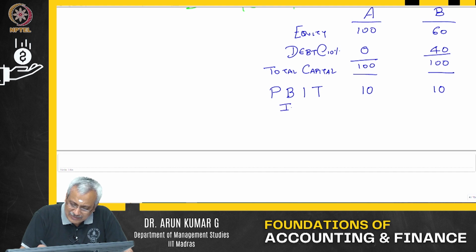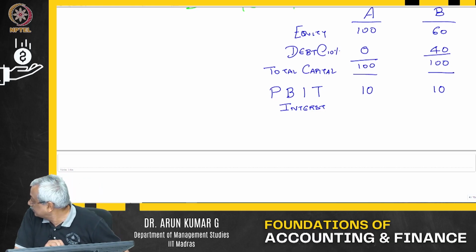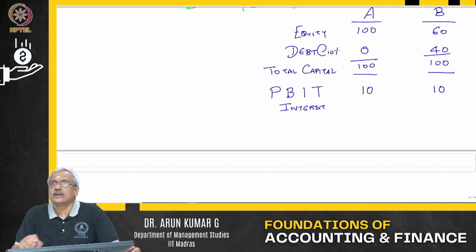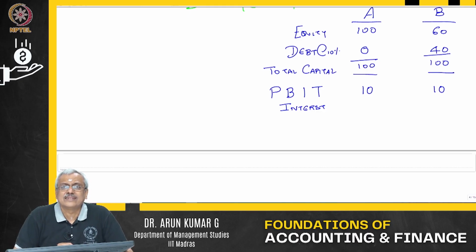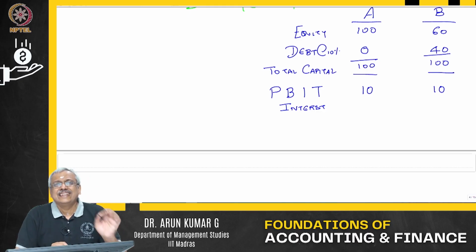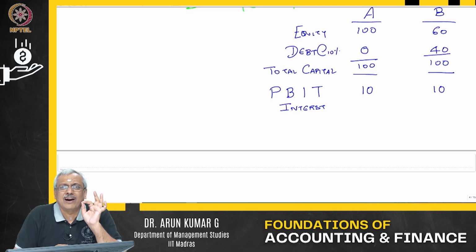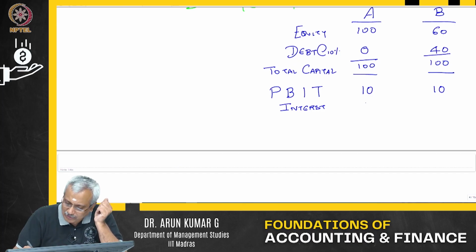I pay interest. Please note, the interest that you pay on the borrowing is always before taxes. The interest component here is 0. The interest component here is $4. Why? 10% of 40 is $4.